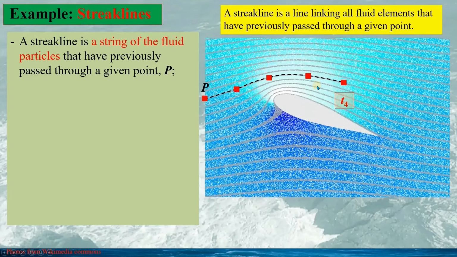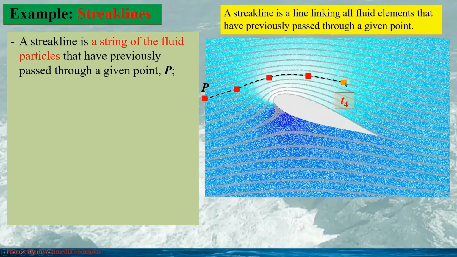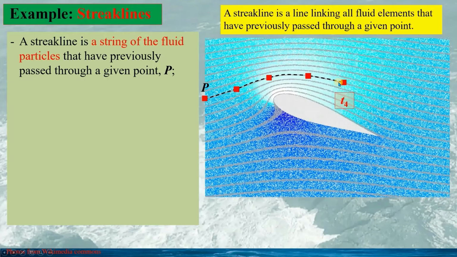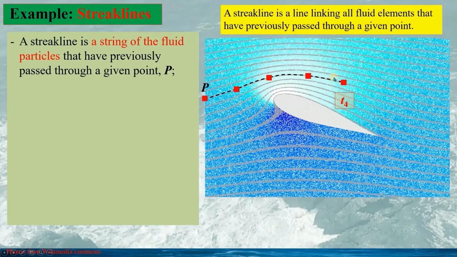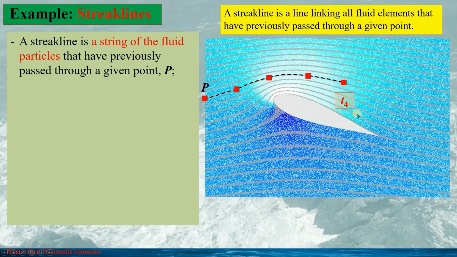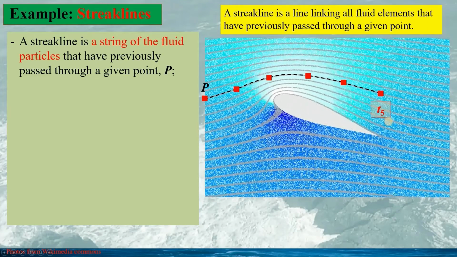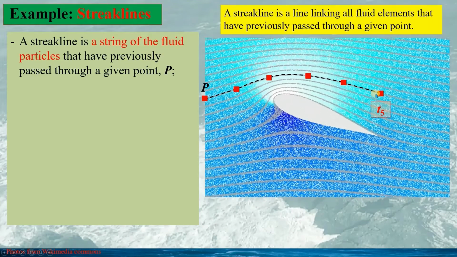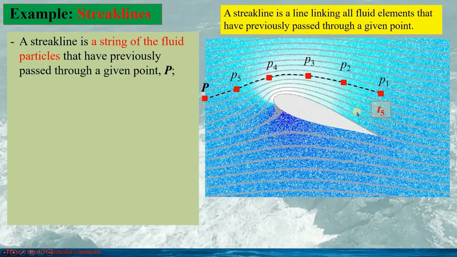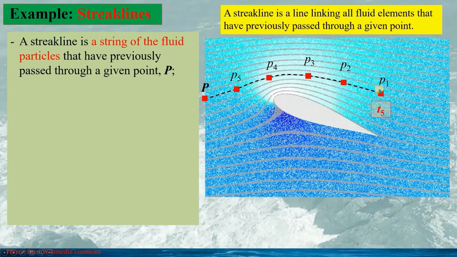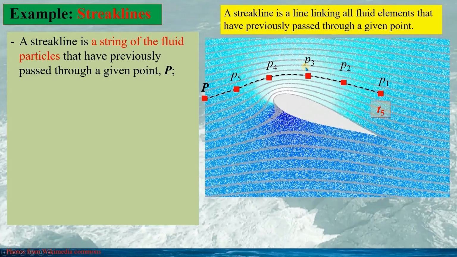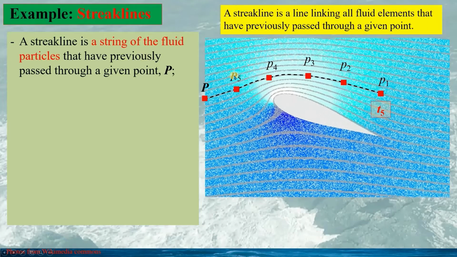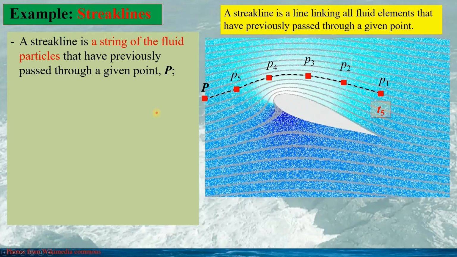And at t4, the first particle moved to here, and we can see the streakline links all the particles together. At time t5, we have this, and we can see at time t5 we have particle 1, particle 2, particle 3, particle 4, and particle 5.